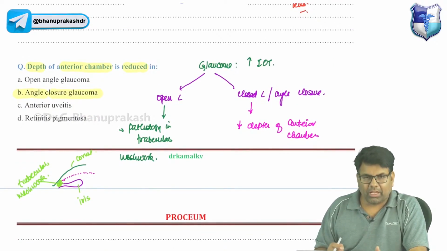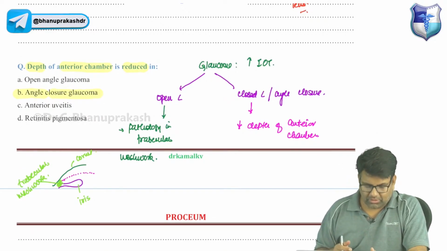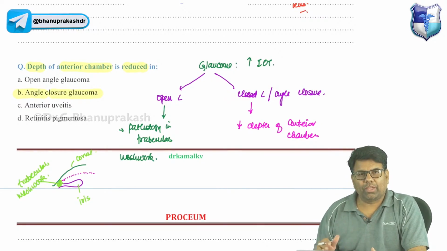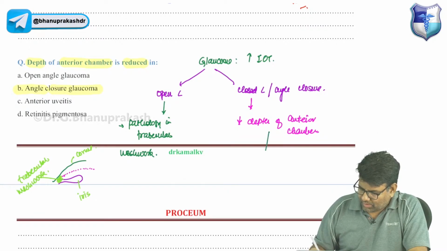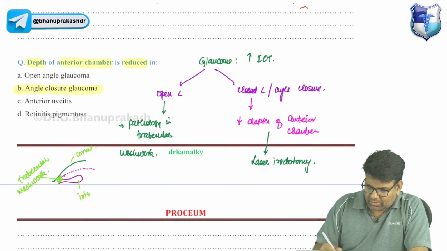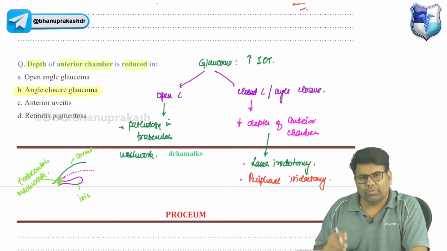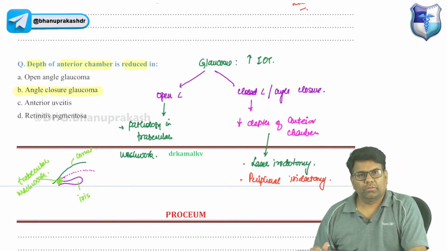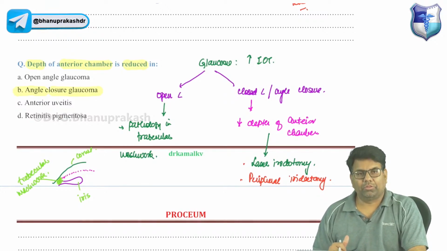And since the cornea is in such close proximity to the iris, the outflow tract of the aqueous is almost blocked. So what we need to do here, we can do iridotomy, and in older times we used to do peripheral iridectomy, removing a triangular portion of iris so as to create a bypass for the humor.